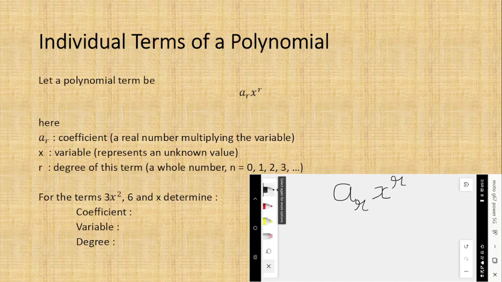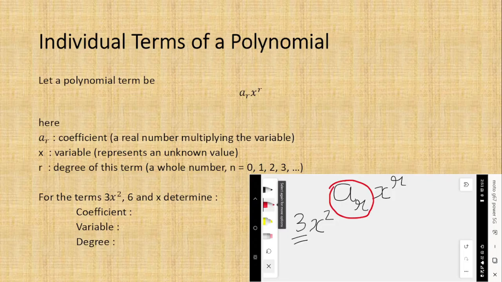The real number part of the term is known as the coefficient. Suppose we have 3x squared. Here, what is 3? 3 is the coefficient. So for this term, a subscript r is going to be the coefficient.